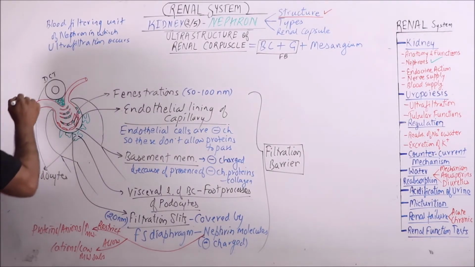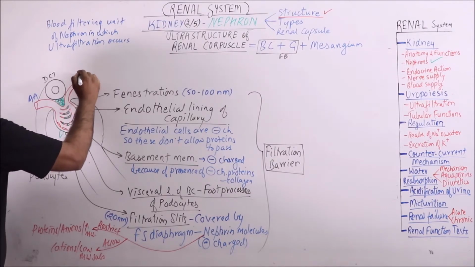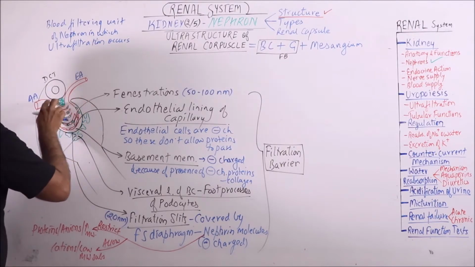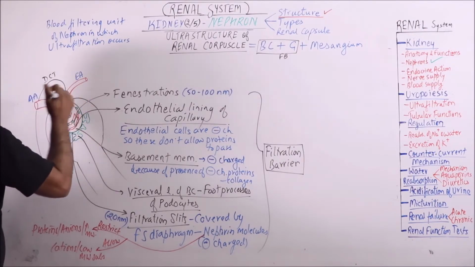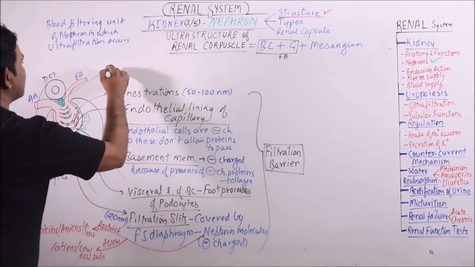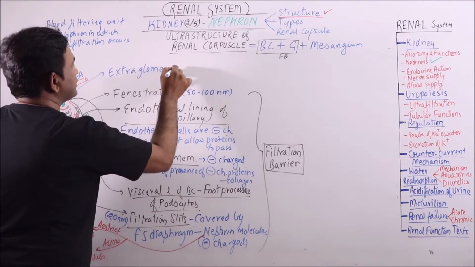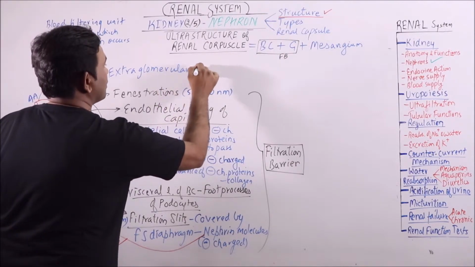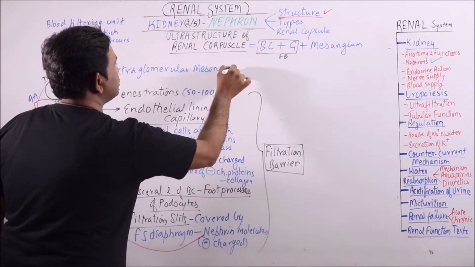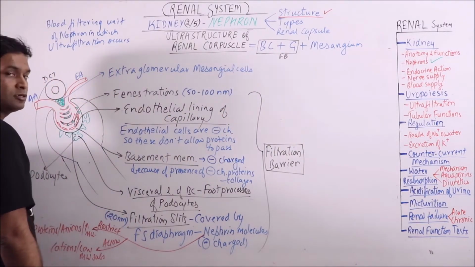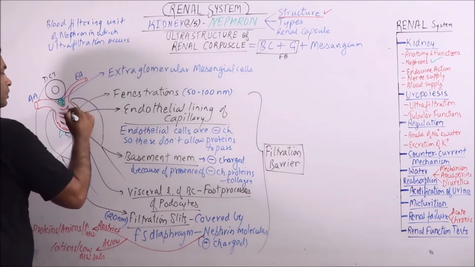This is afferent arteriole. This is efferent arteriole. This is the capillary bed, that is glomerulus, and there are some cells in between the afferent, efferent and the DCT. These cells are outside the glomerulus. So these are known as extraglomerular mesangial cells. These are also known as Lacis cells or Polkissen cells.